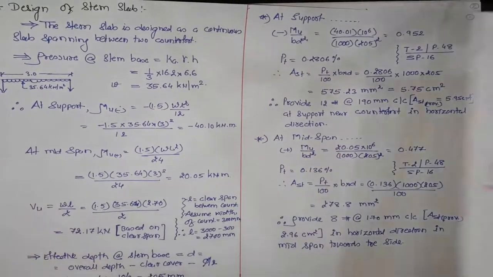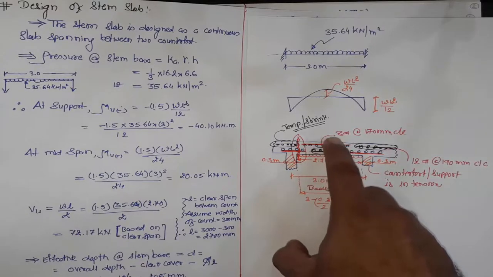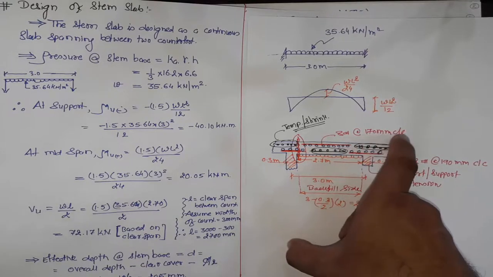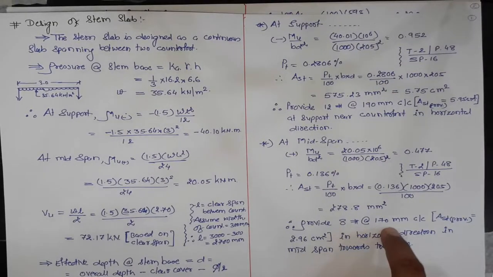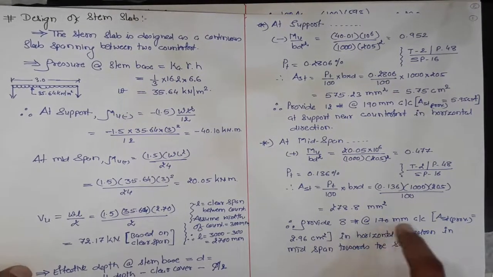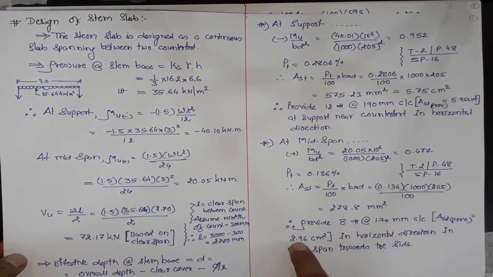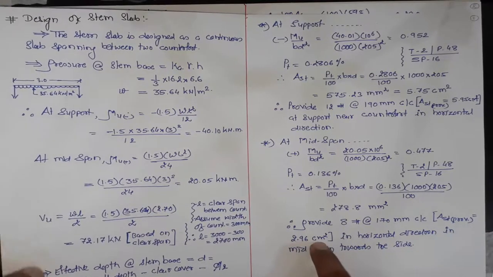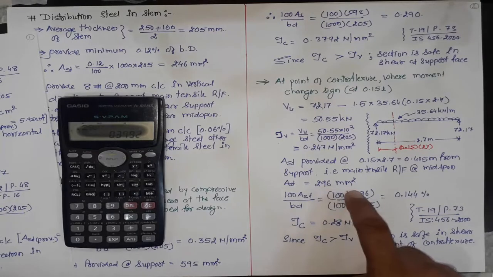That is the steel provided at this point. It's 8 torr at about 170 mm center to center. Area provided using this spacing will be equals to 296 mm square.